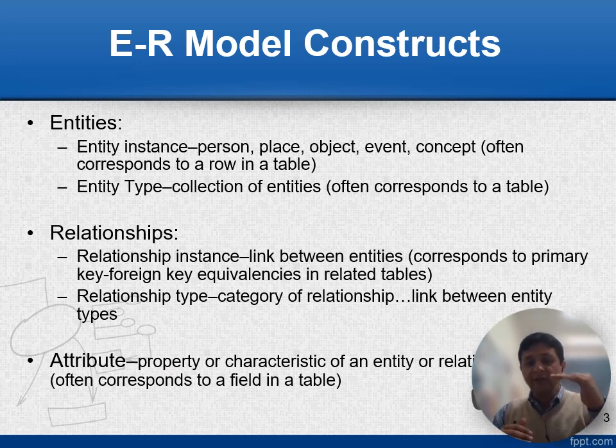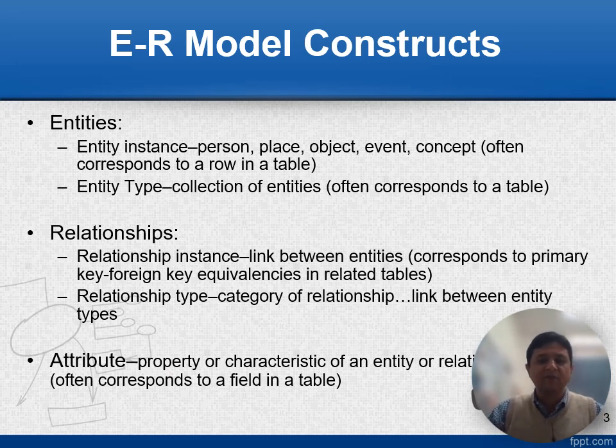If we are viewing the relationship at the entity types level, for example, I said that there is a relationship between teacher and subject, because teacher is an entity type and the subject is an entity type. While we are trying to model this relationship between 2 entity types, this would be a relationship type.